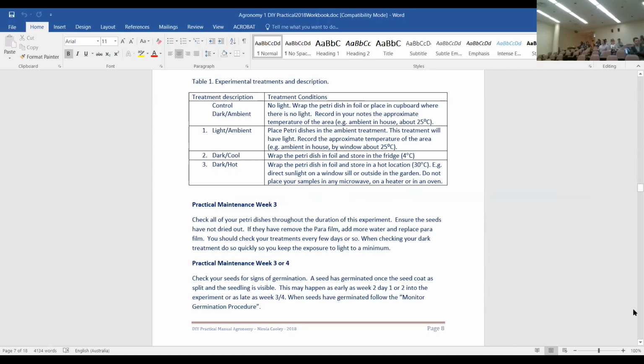So what you'll do is, say your first species is fescue. You'll wrap that in foil, and the same for your second species. So you'll have 2 Petri dishes wrapped in foil, 1 from each species.